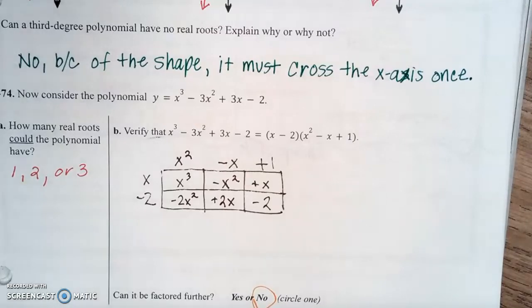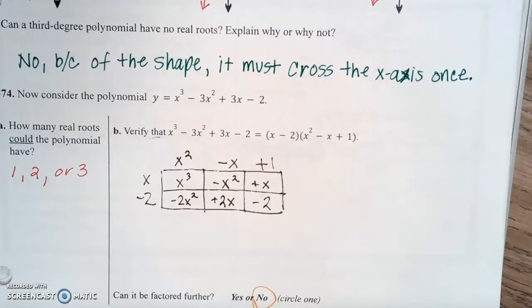But we don't know. So they're going to give us a little bit of information about it. And they're going to tell us that x cubed minus 3x squared plus 3x minus 2 is equal to the binomial x minus 2 times the polynomial x squared minus x plus 1. Where'd they get that from?